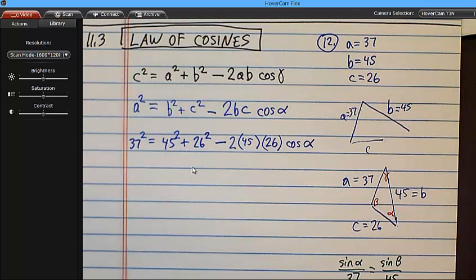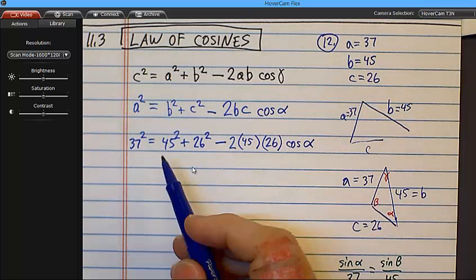Now you know what we have now? We have a trig equation. If I could solve a trig equation, I could figure out what the angle alpha is. Okay? Now some people would go right to the calculator now and start typing things in. I'm going to do a little algebra first. I think it's a little cleaner.